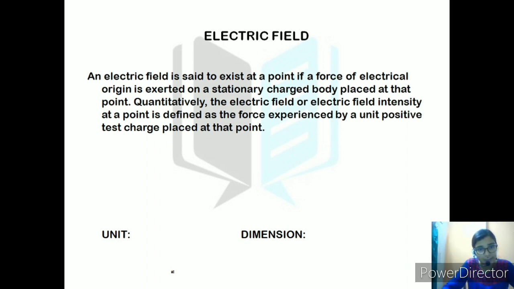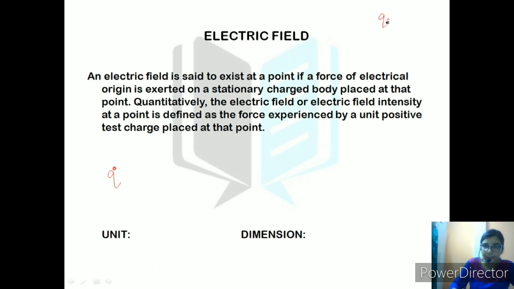Till now we have discussed that there is some force of attraction or repulsion between the charges. Now, what amount of force acts at different points? We will discuss that here. Suppose we have a point charge q here.